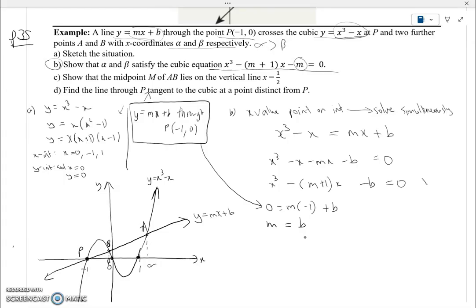Okay, so if I call this star, I'm being a bit lazy with my working out. I probably should have rewritten that, but you get the idea. If I sub this into star, we get the required result.